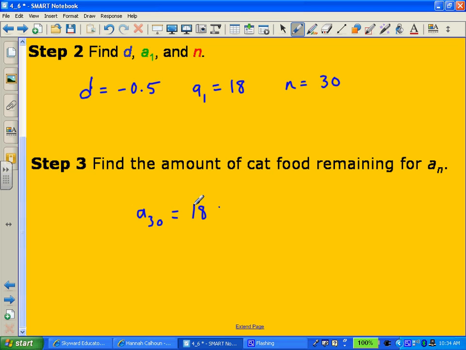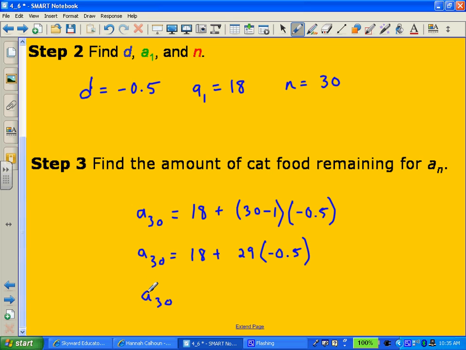So a sub 30 is equal to 18 plus 30 minus 1 times negative 0.5. So a sub 30 equals 18 plus 29 times negative 0.5.